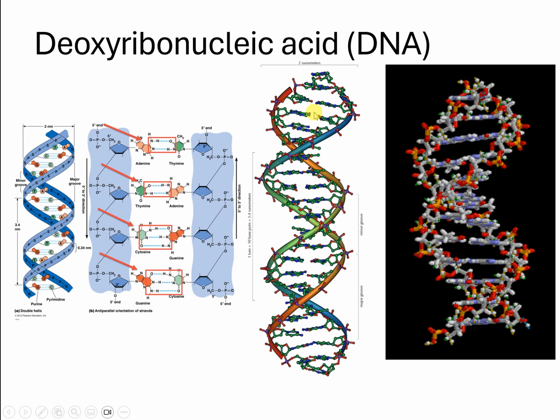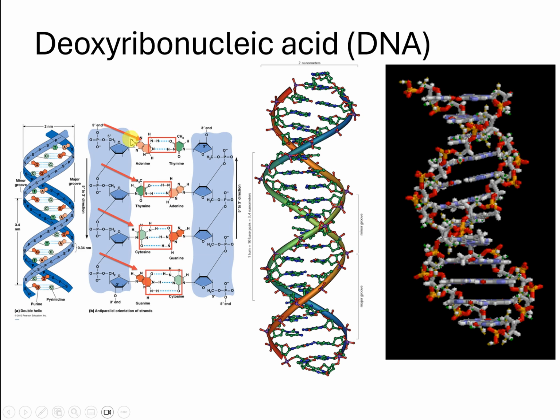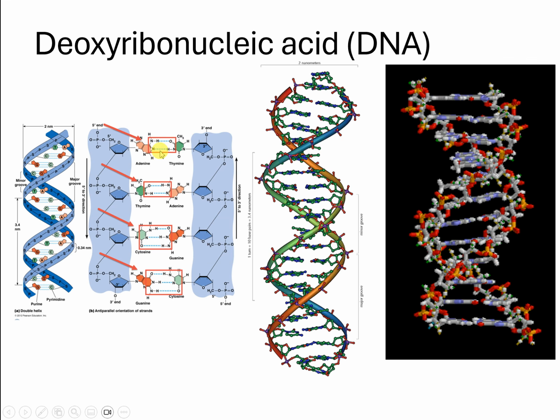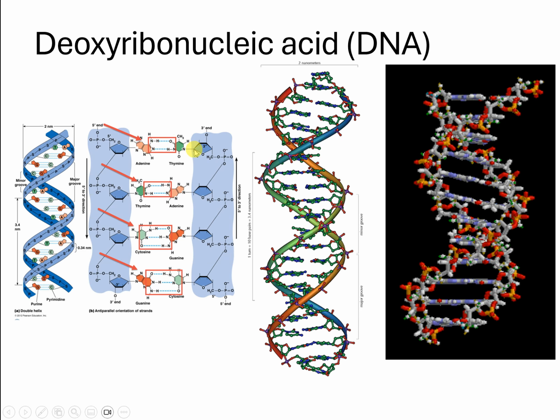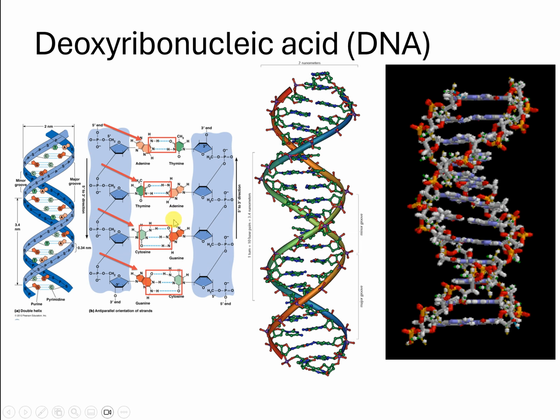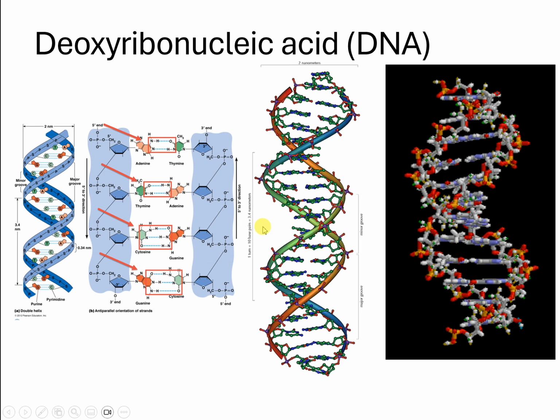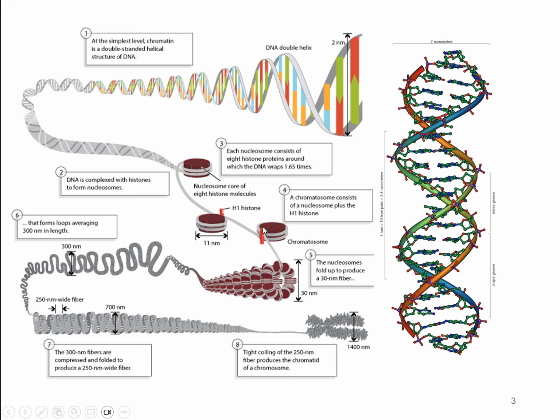And how do these two helices join with each other? They join by the hydrogen bonding present between the pyrimidine and purine bases. So this is how the two helices join, and here we can see a molecule of DNA.